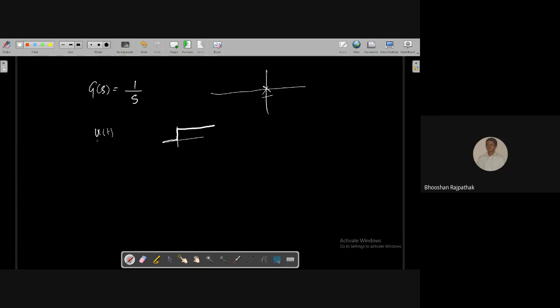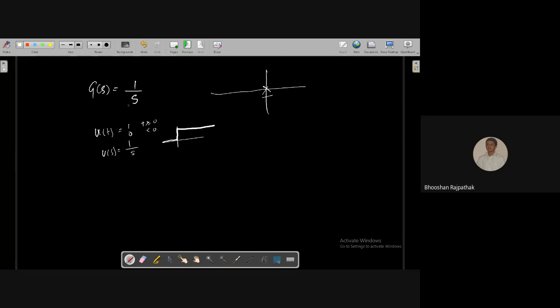So the Laplace of this input will be U of s. What will be this? 1 by s. This is my step input, 1 for t greater than or equal to 0, and 0 for t less than 0. So 1 by s.